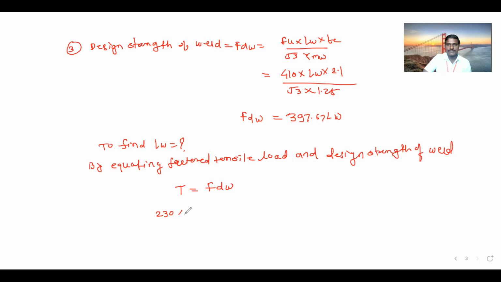Okay. It is 230 into 10 raised to 3 is equal to FDW, which is 397.67 LW. So how much LW?